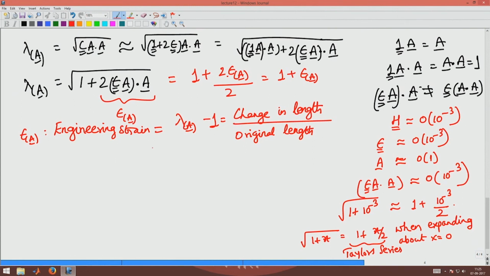So, now what is this? This according to our expression is epsilon times A dotted with A, that is what we substitute epsilon of A as.